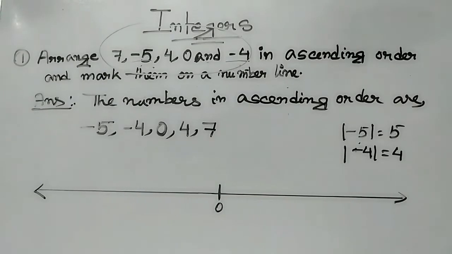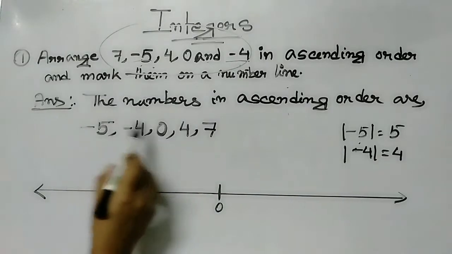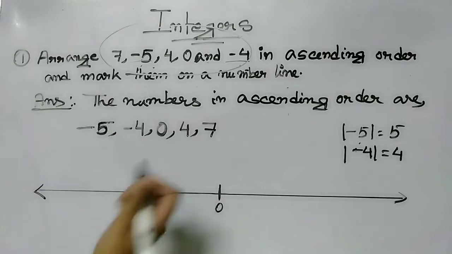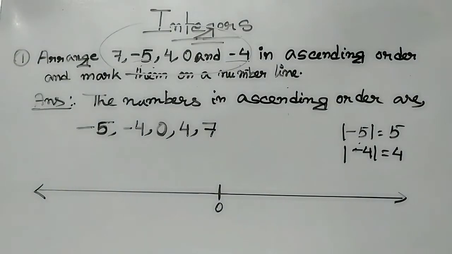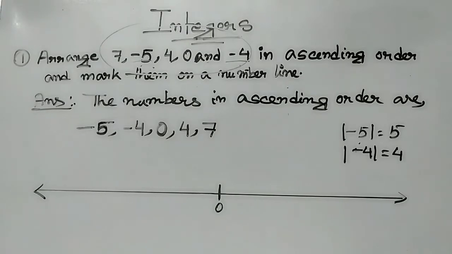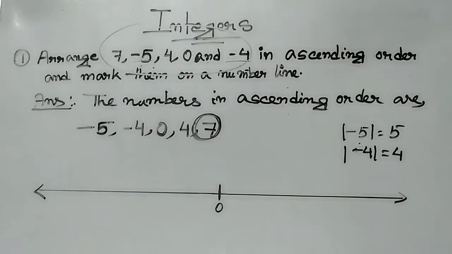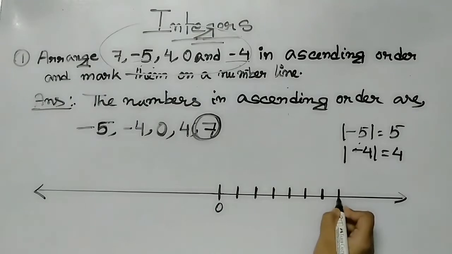Now, we have to draw a number line like this. Because they said mark them on a number line. So, we have to mark these numbers in the number line. So, at first we have to make a number line like this. Now, see, here 7 is the greatest number. So, we have to put the numbers up to 7. 1, 2, 3, 4, 5, 6, 7.